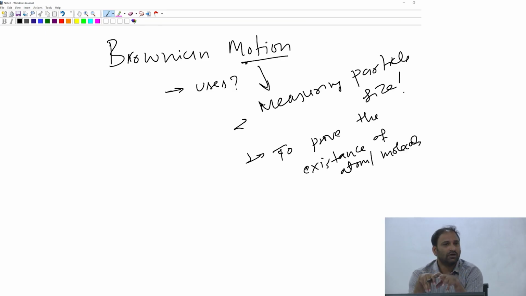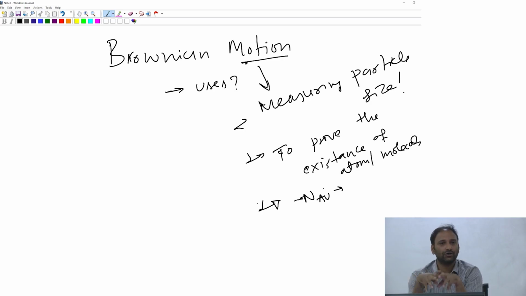Before, there was a debate about whether atoms and molecules exist or not. People used some nice simple experiments monitoring the Brownian motion of particles in a fluid, and they were able to come up with an explanation for the fact that molecules do exist.